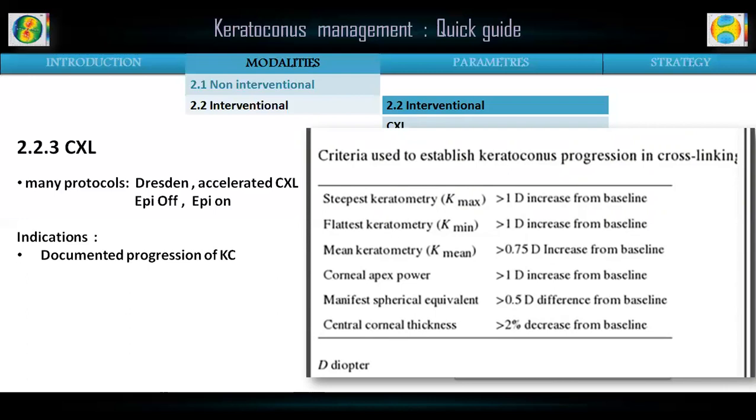Or if the corneal apex power increases by 1 diopter from the baseline, and in the manifest spherical equivalent, the difference between the two spherical equivalents is more than 0.5 diopters. And the last criterion is the central corneal thickness, when we have a decrease of more than 2% from the baseline.